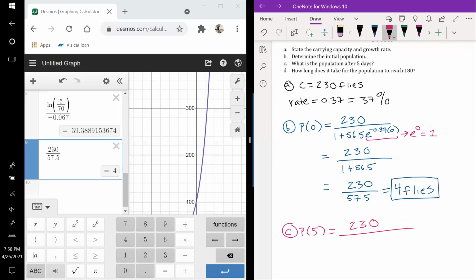$230 over 1 plus 56.5 times e to the 0.37 times 5. There's no simplifying this one, because now we have an exponent other than 0.